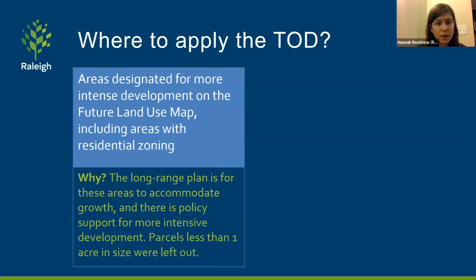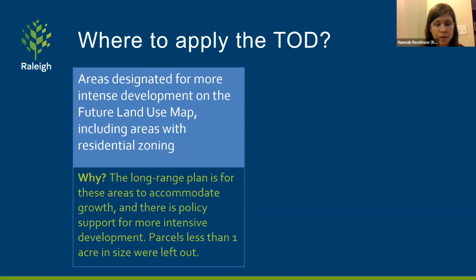So the next criteria we looked at were areas that may not currently have zoning that allows mixed use development, but where there is policy support for that, where they're designated for that on the future land use map. The future land use map is a policy map that the city has for the whole city. It's a long range land use planning map that designates the type of development that is appropriate in the future.